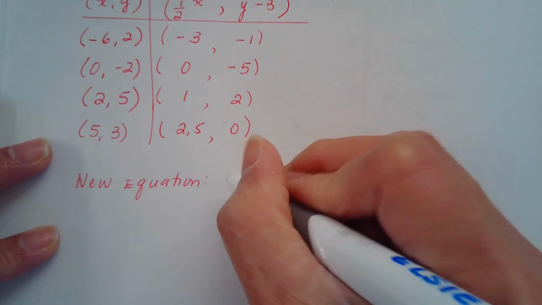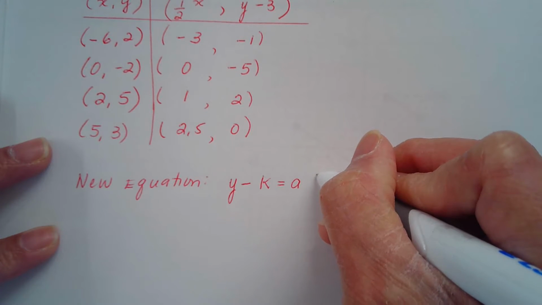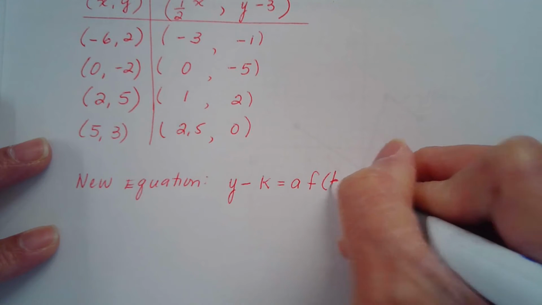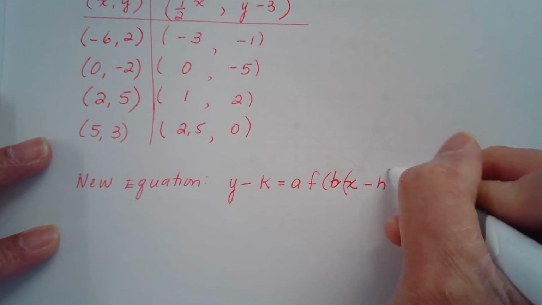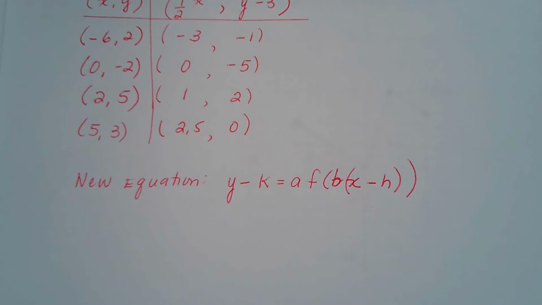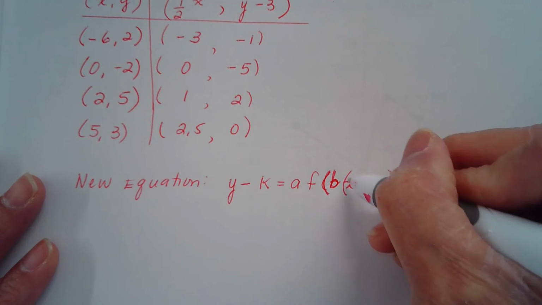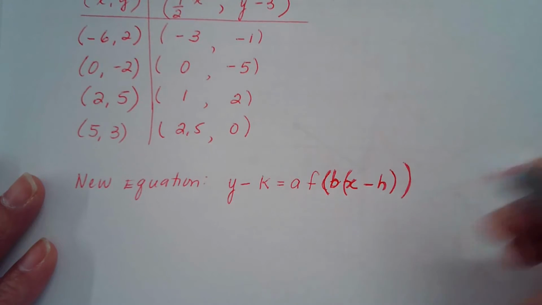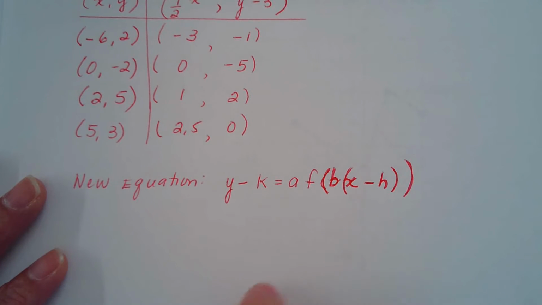the new equation would be y minus k equals a times f of b times x minus h. So I'll give you a moment to write that down.